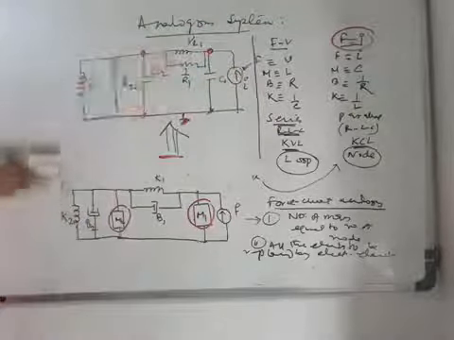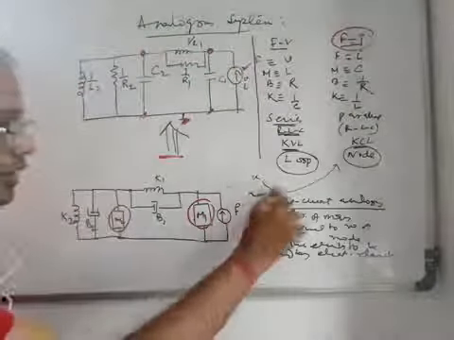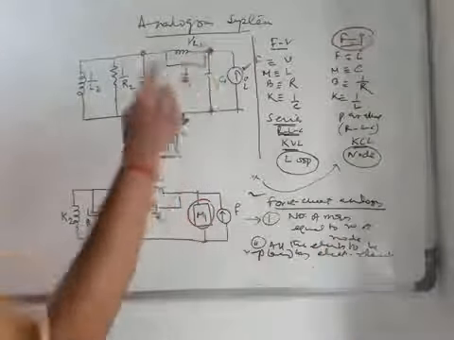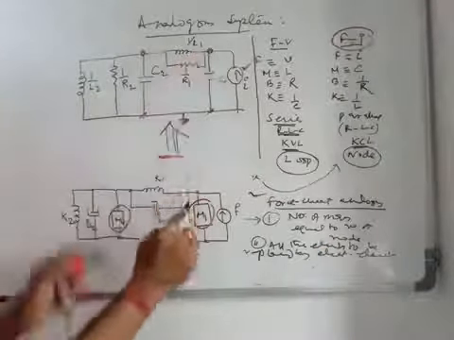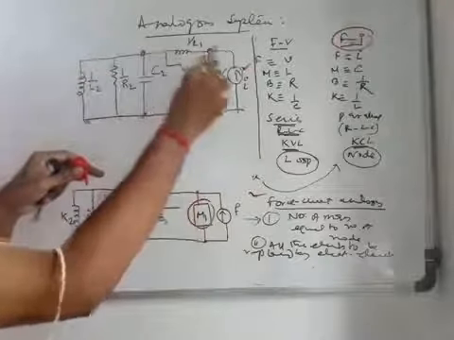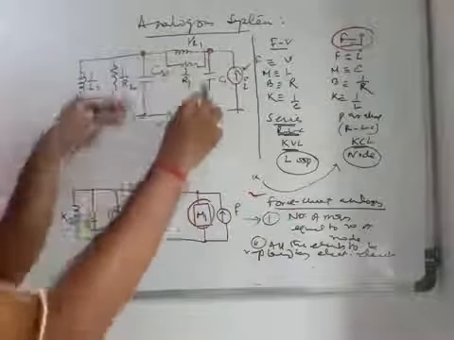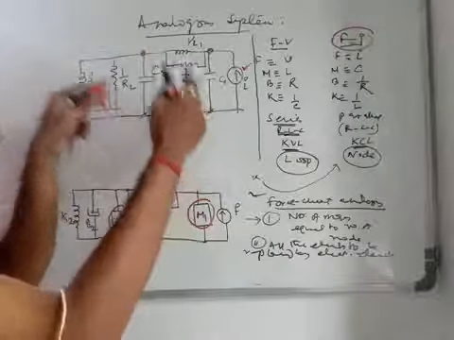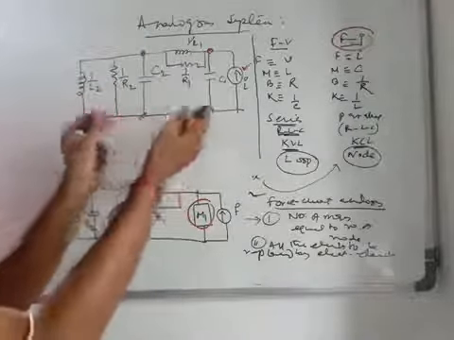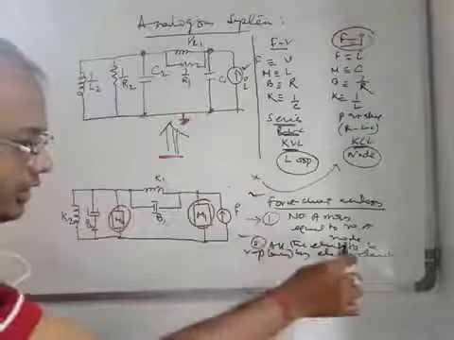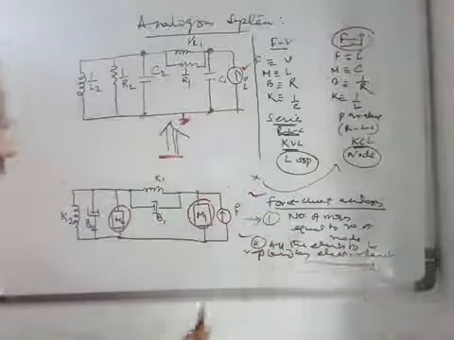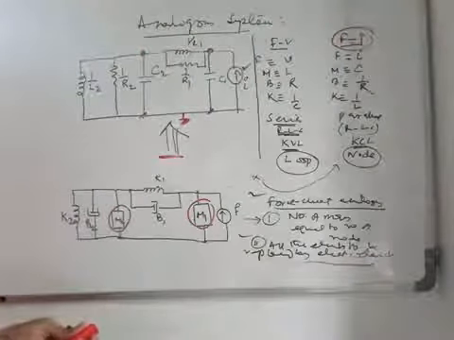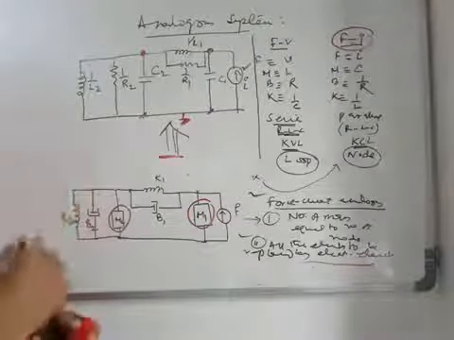I again repeat the force current analogy: number of masses equals the number of nodes, so there will be two nodes, one node and another node, and the masses are replaced by capacitance in case of the force current analogy, and the other ends of the capacitances are grounded. That is the first criterion. Next, all the elements are to be replaced by corresponding electrical elements, and by using that you can get the force current analogy. So next we will go for the force voltage analogy.